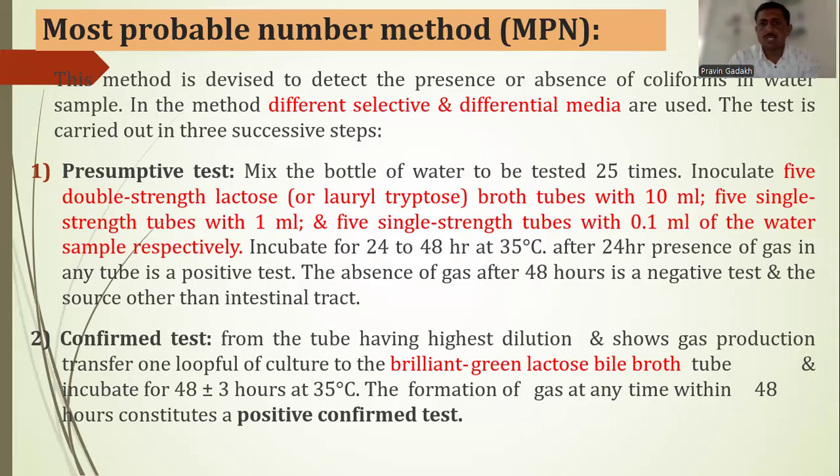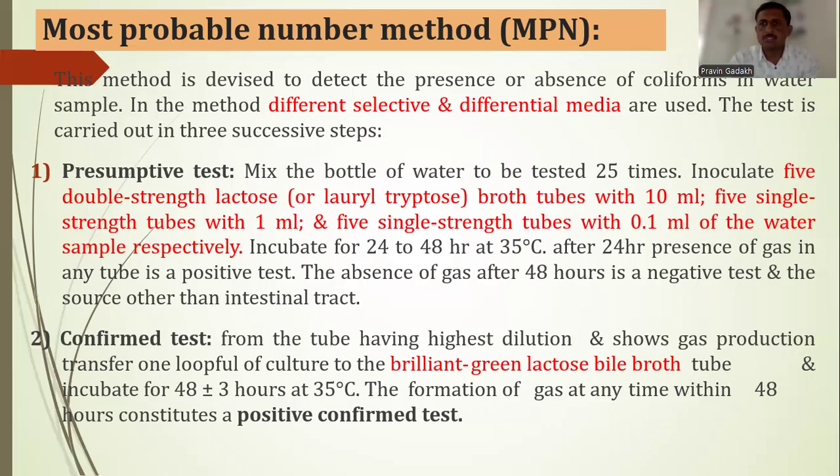So here we have to inoculate a total of 15 tubes, 5 of double strength and 10 of single strength lactose broth. In double strength, we add 10 ml of water sample; in 5 single strength, 1 ml; and in another 5 single strength, 0.1 ml. All these tubes are incubated for 24 hours at 35 degrees Celsius. After 24 hours, we have to observe for the formation of acid and gas. Acid is detected by the color change of the media. It becomes yellow in color, and gas formation is observed by gas bubbles in the inverted Durham tube.